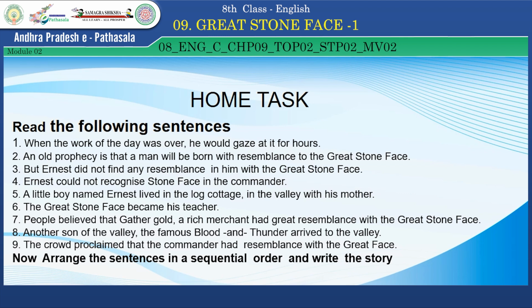Number 8. Another son of the valley, the famous Blood and Thunder, arrived to the valley. Number 9. The crowd proclaimed that the commander had resemblance with the great stone face. Now arrange the sentences in a sequential order and write the story.